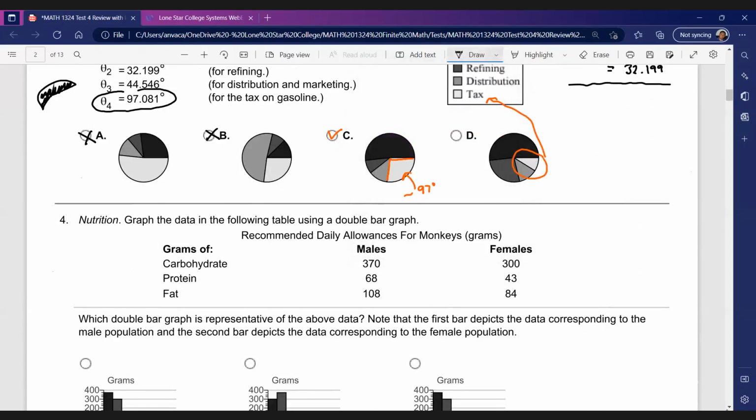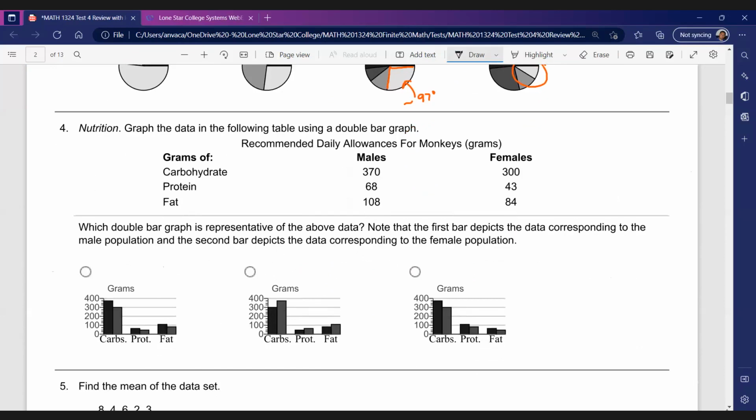Okay, an example on nutrition. Graph the data in the following table using a double bar graph. It says recommended daily allowances for monkeys, so I'm assuming some kind of diet. We have carbohydrates, protein, fat.